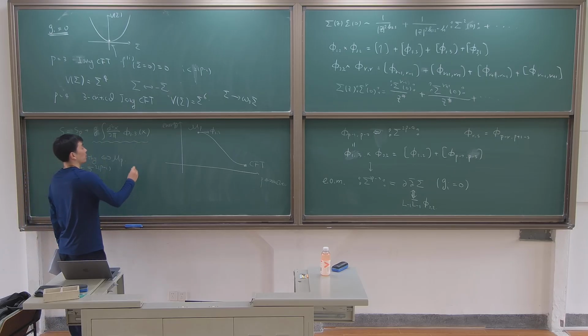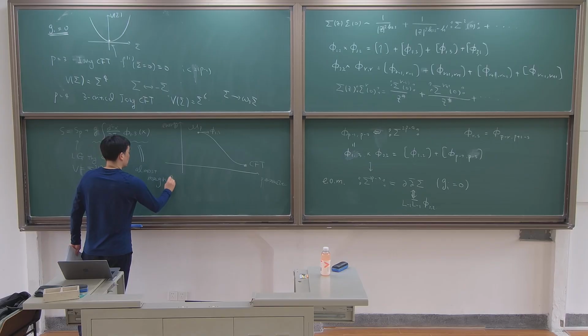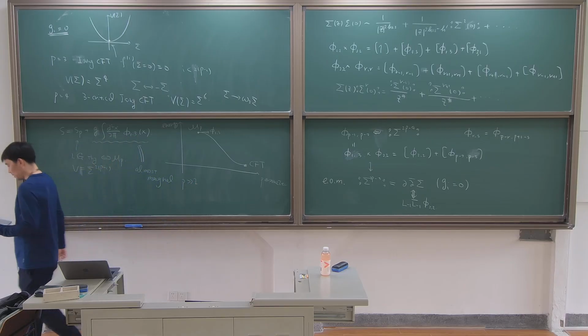So the deformed theory is almost marginal when P is very big.